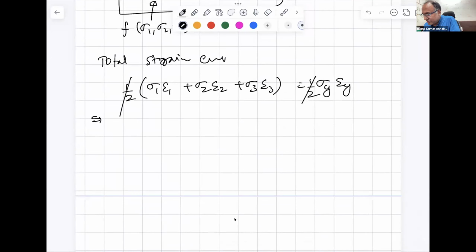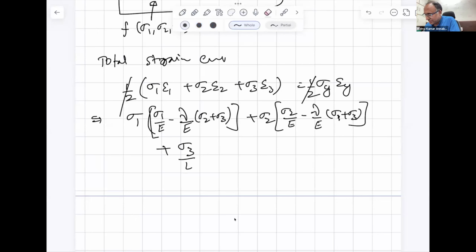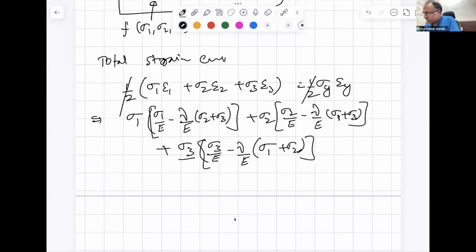That implies sigma 1 times epsilon 1, which can be written as sigma 1 by E minus mu by E times (sigma 2 plus sigma 3), plus sigma 2 times (sigma 2 by E minus mu by E times (sigma 1 plus sigma 3)), plus sigma 3 times (sigma 3 by E minus mu by E times (sigma 1 plus sigma 2)), is equal to sigma y epsilon y. Epsilon y is what?